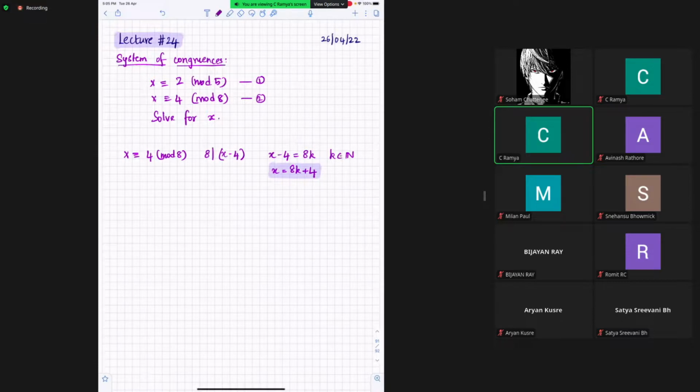Now we want to find if these x's also satisfy the first congruence. What should we do for that? Just as you do in the case of linear equations.